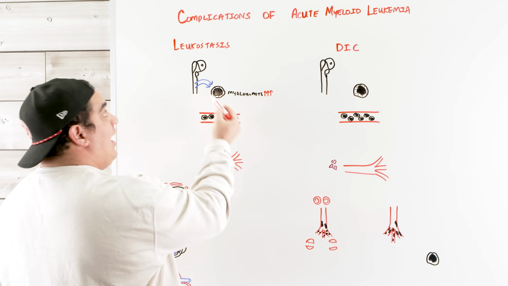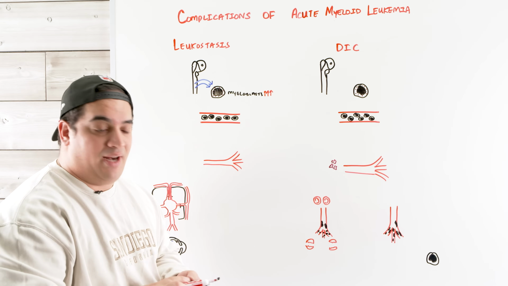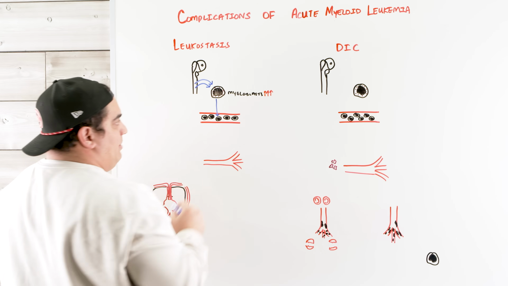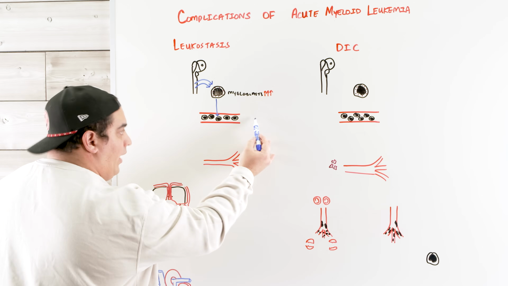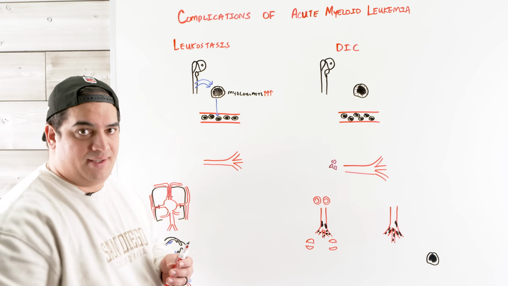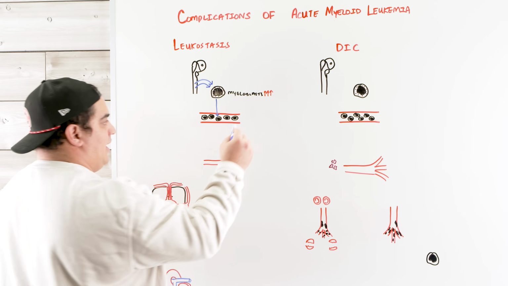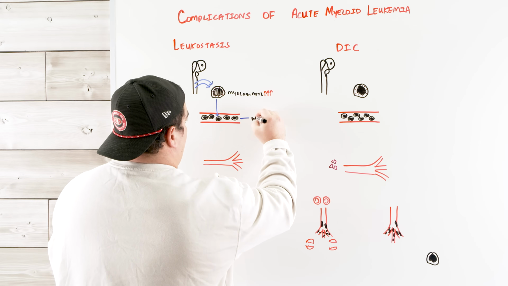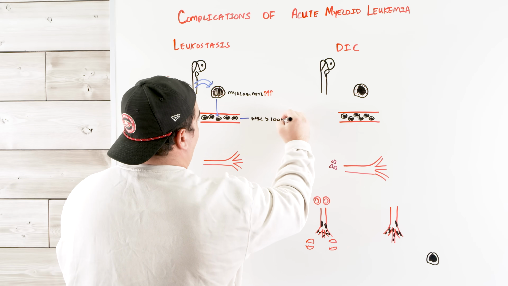The higher the white cell count, the more incidence of leukostasis you're going to have. At what point in the bloodstream, when you do a CBC, are you concerned about leukostasis? We get concerned about leukostasis whenever the white blood cell count is greater than 100,000.